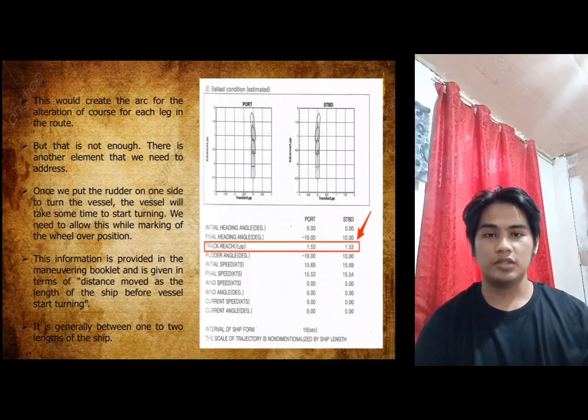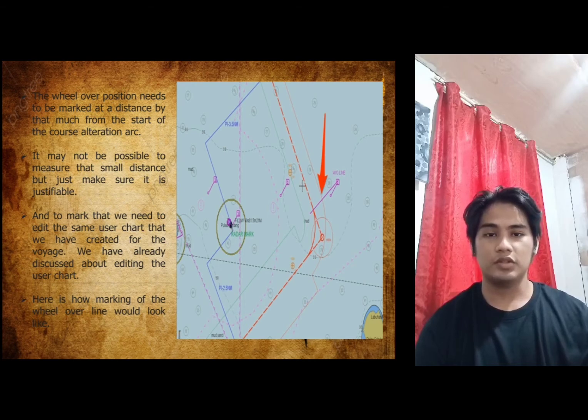It is generally between 1 to 2 lengths of the ship. The wheel over position needs to be marked at a distance by that much from the start of the course alteration arc. It may not be possible to measure that small distance, but just make sure it is justifiable, and to mark that we need to edit the same user chart that we created for the voyage.